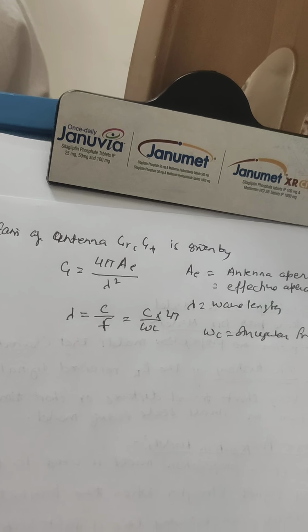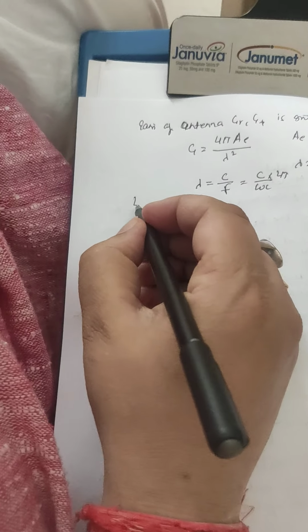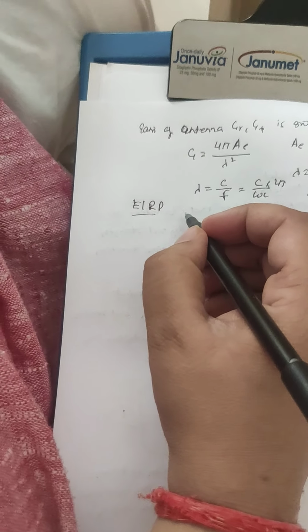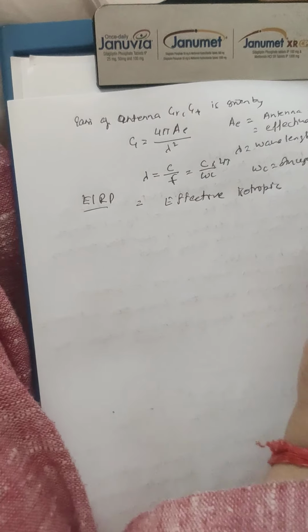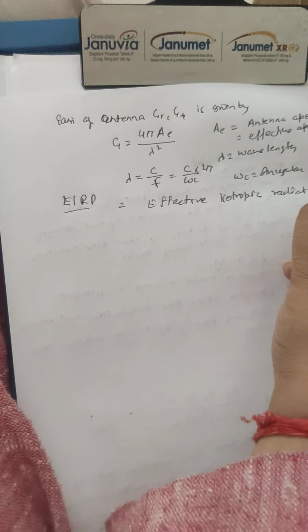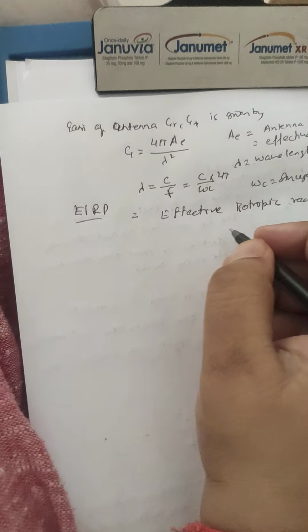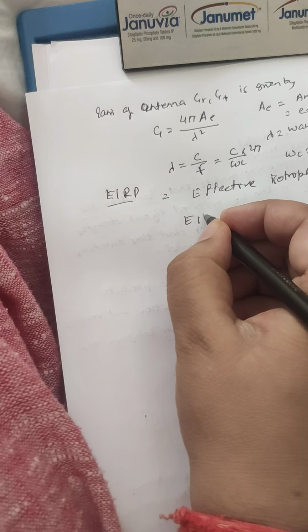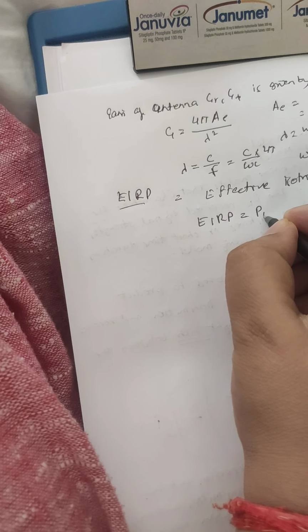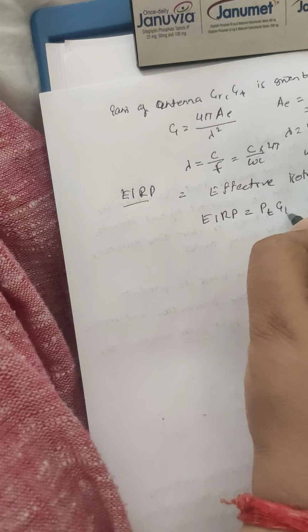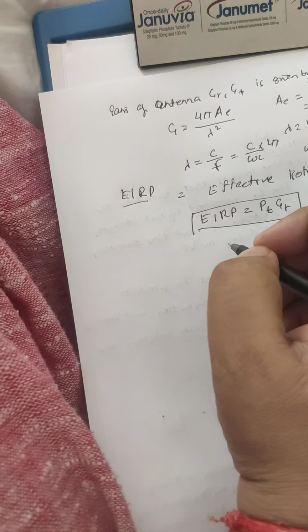The effective isotropic radiated power, written as EIRP, is the product of the transmitted power and the gain of the transmitting antenna.